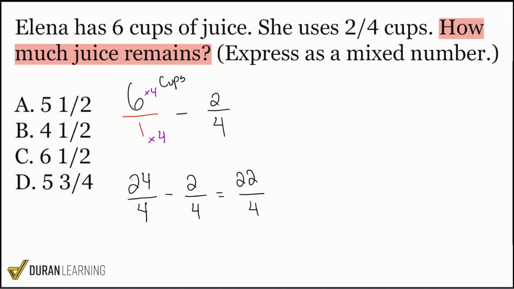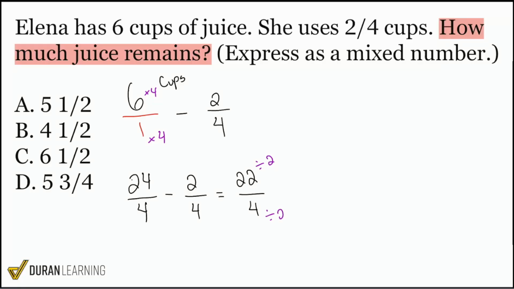They told us that we want our answer as a mixed number. Before I turn this into a mixed number, what can I do first? Yeah, we can simplify beforehand. Let's take advantage of that because there's nothing worse than forgetting to simplify and then getting the answer wrong. 22 and 4 are both divisible by 2.